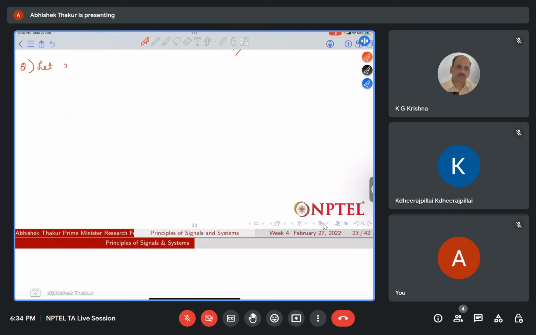Let x(t) is equal to alpha s(t) plus s of minus t, with s(t) is equal to beta into e to the power minus 4t into u(t), where u(t) is the unit step function. This is also a previous year GATE question.